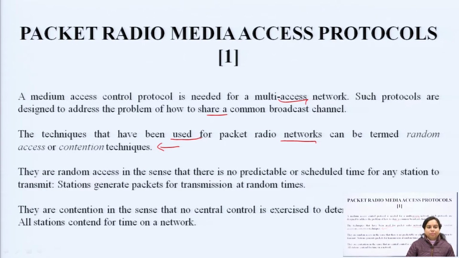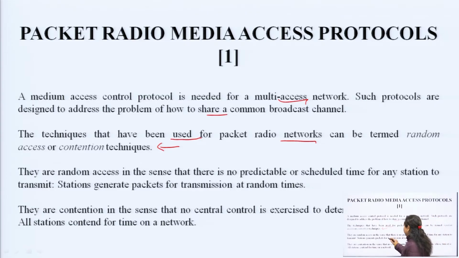There is no particular pattern that the first user will transmit the data, then the second user will transmit. In random access, whichever user wants to transmit data will not check whether the channel is free or busy; it will randomly access the channel. That will cause a problem, and a collision will take place in that situation.